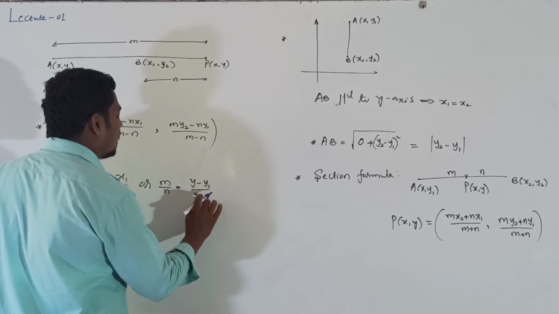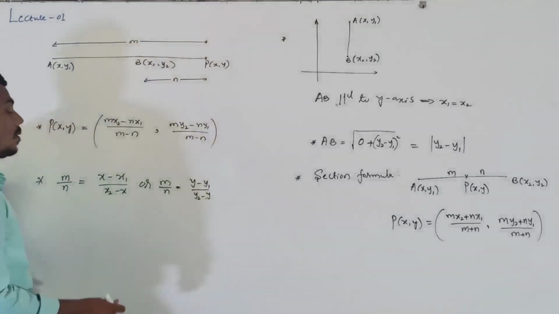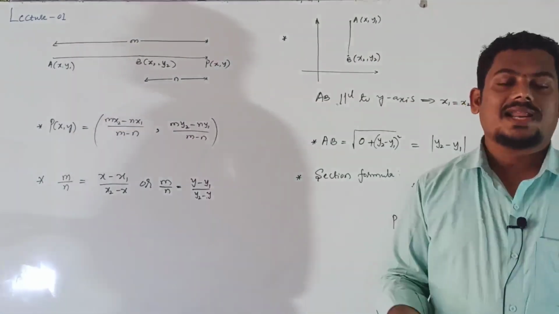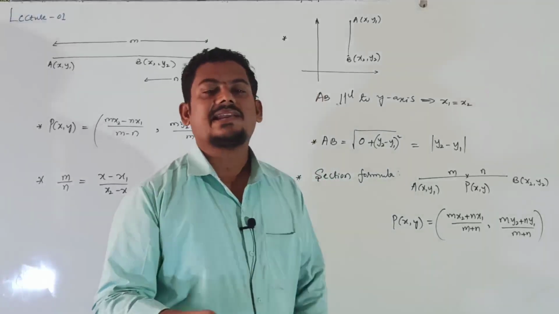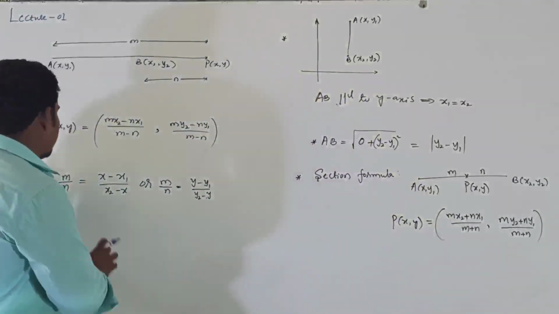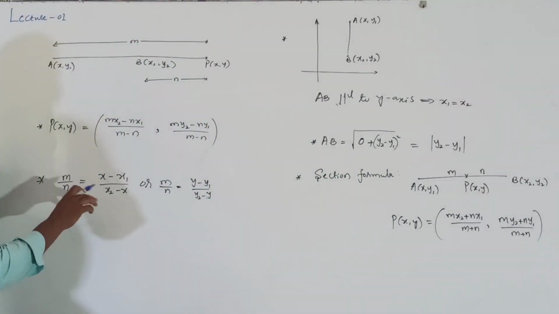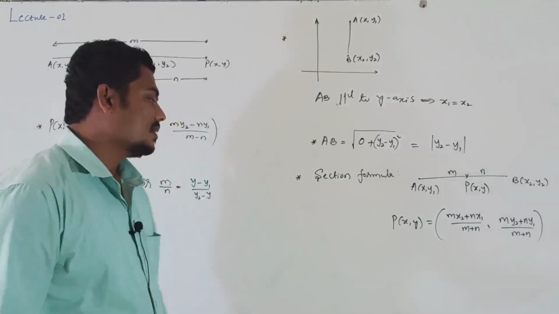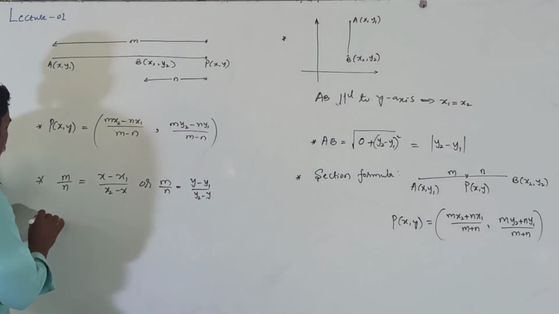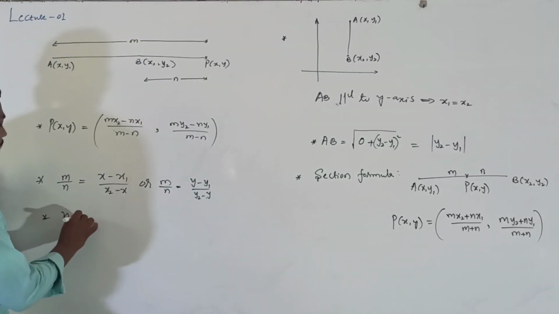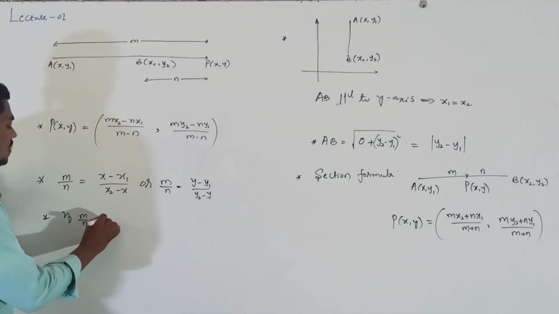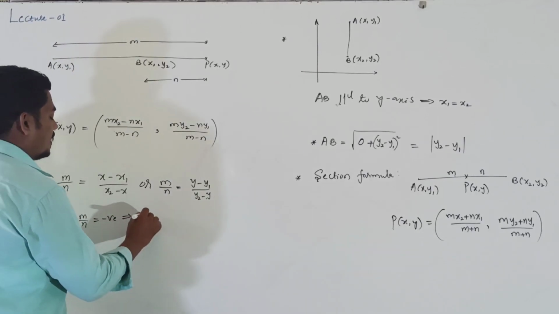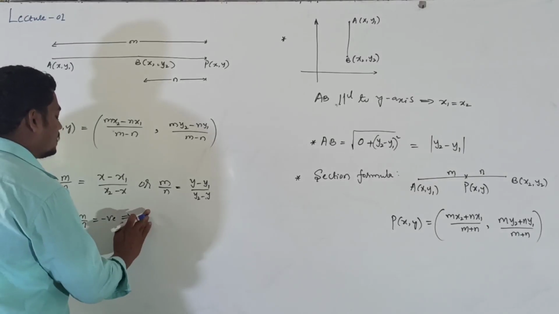If you want the ratio m by n, m by n is equal to y minus y1 divided by y2 minus y. How to conclude whether the point P divides internally or externally? That depends on the sign of m by n. Suppose the ratio m by n is positive, then you conclude it is internal division. If m by n is negative, then it is external division.